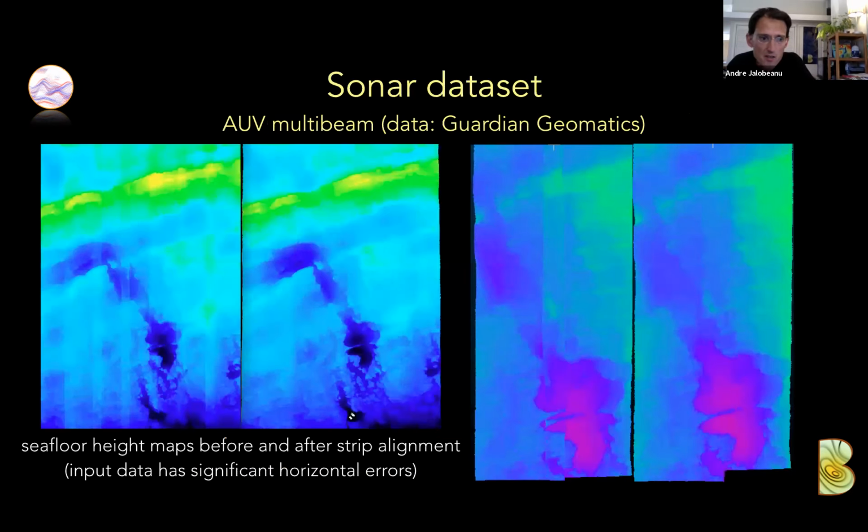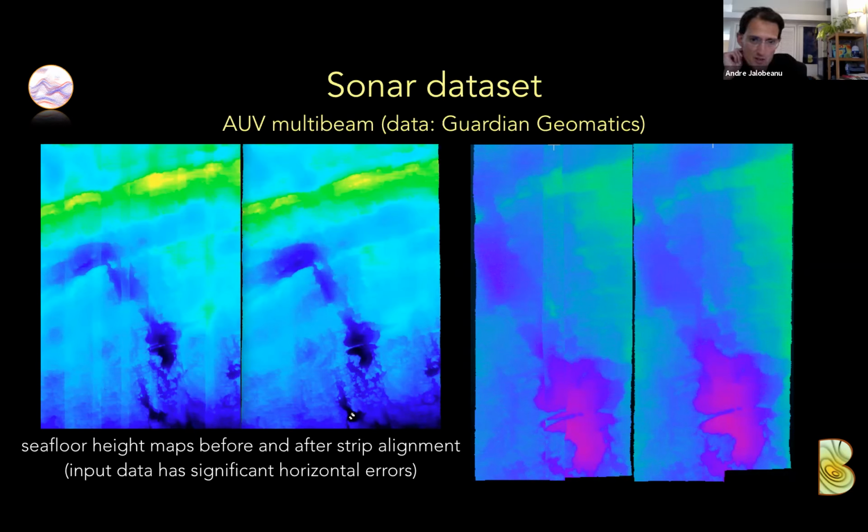And here I'm going to end with this Sonar data set. Guardian Geomatics collected this data with an AUV multi-beam sonar system. Underwater, the problem is that horizontal location is quite a problem. So there are very large horizontal errors to begin with.